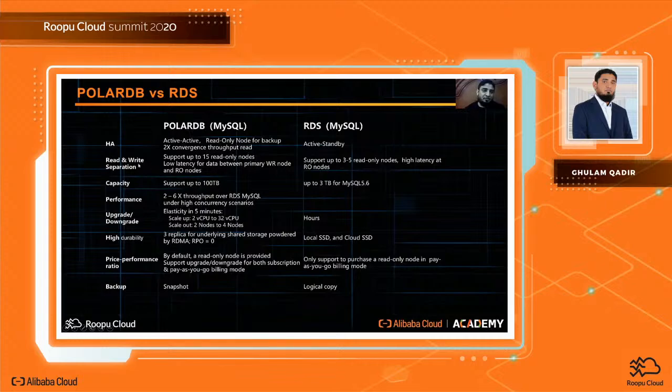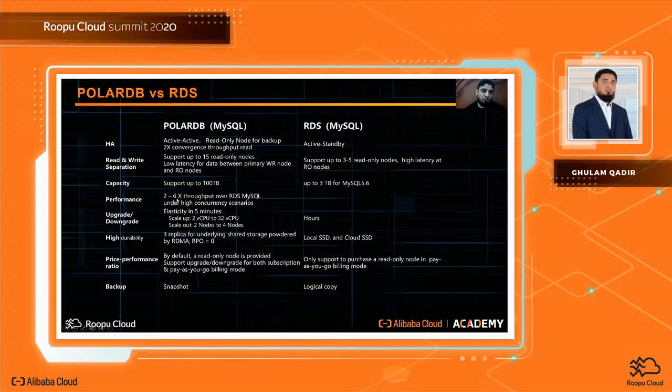Read and write separation also supports up to 15 read-only nodes in PolarDB. But in RDS, in normal databases, it supports up to 3 to 5 read-only nodes, which causes high latency at RO nodes. The capacity is another option: PolarDB supports up to 100 TB, but in commercial, in normal databases, this is up to 3 TB.